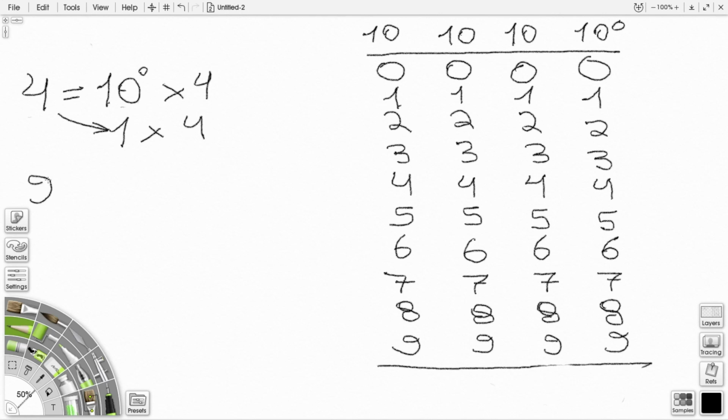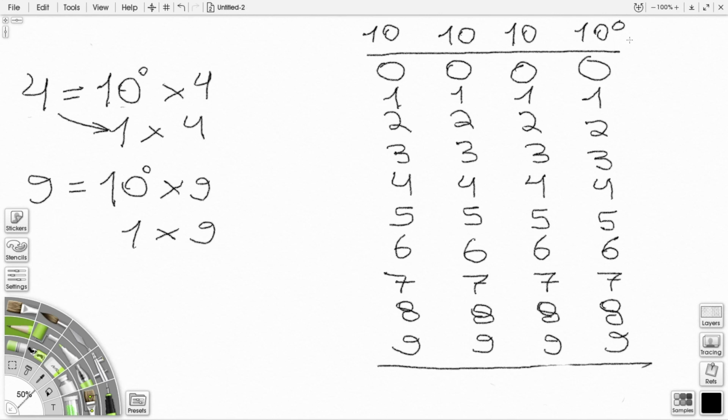Okay, so let's do number 9, same thing. 10 elevated to 0. What is the amount of tens elevated to 0 that we have on number 9? That's right, we've got 9. We have 9 tens elevated to 0, okay, which is going to result in our number 9, okay?